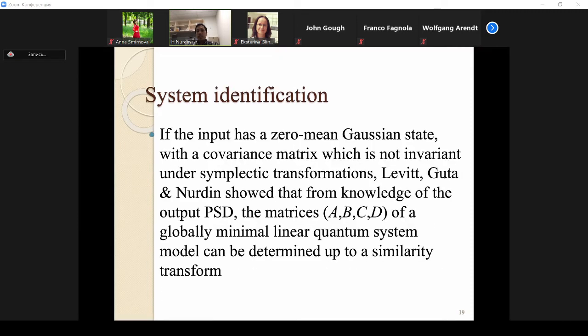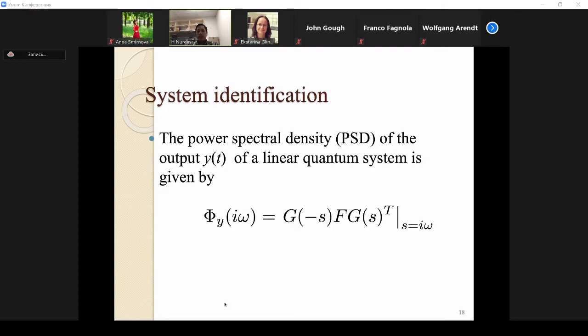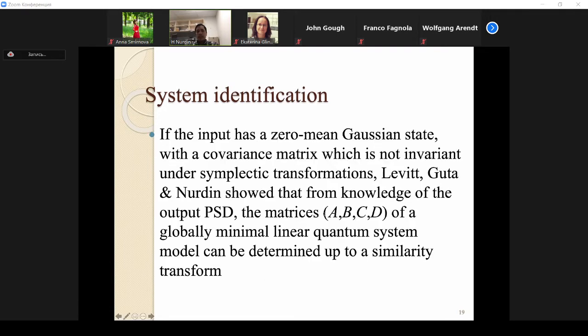If we choose the input to be a zero mean Gaussian state with a covariance matrix F, such that this F is not invariant under symplectic transformation, then in this joint work that I did with Matthew Levitt and Mile Guta, we showed that from knowledge of this output power spectral density, you can identify the matrices ABCD for your unknown system up to a similarity transformation if the system is globally minimal.